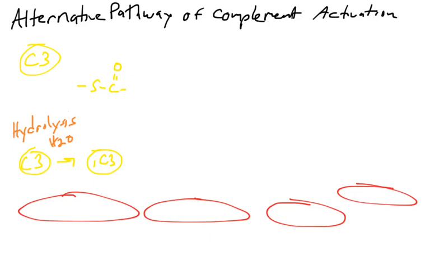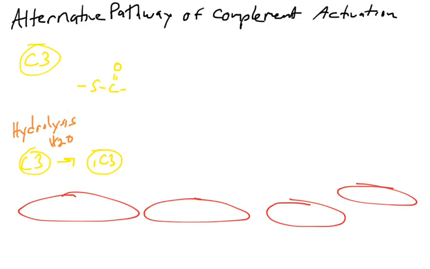So water is added to it, and it becomes a version of C3 called iC3. There are many different versions of C3 we're going to go through. All that happens is water is hydrolyzed. It changes the three-dimensional structure of C3, converting it into something called iC3.